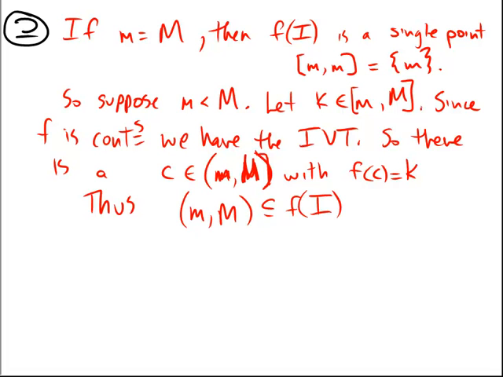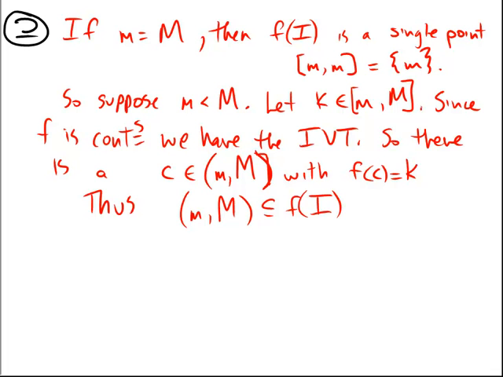I'm now realizing that my choice of little m and big M is not very nice for showing which one's larger and which one's smaller. So let me make this a little bit more extreme. This is the interval m to M. The one on the left is always the small one, and the one on the right is always the big one.